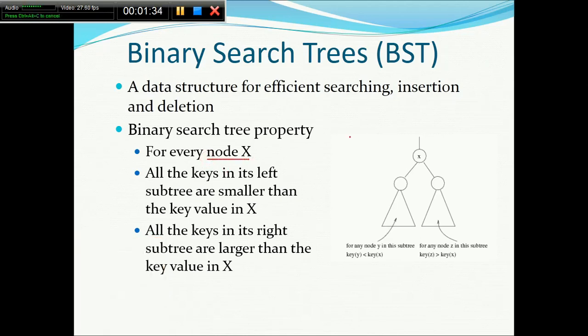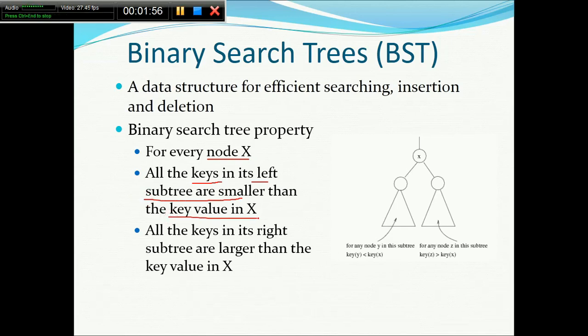Here, this is just a portion of a tree, but you should understand it in this way: for any node in a given binary search tree, all the keys, meaning all the nodes that have some data in the left subtree, are smaller than the key value in X.